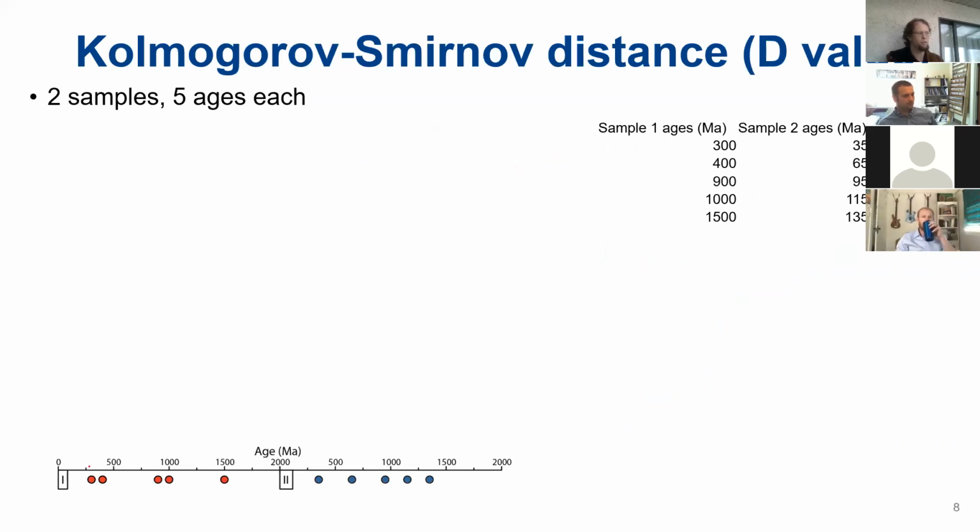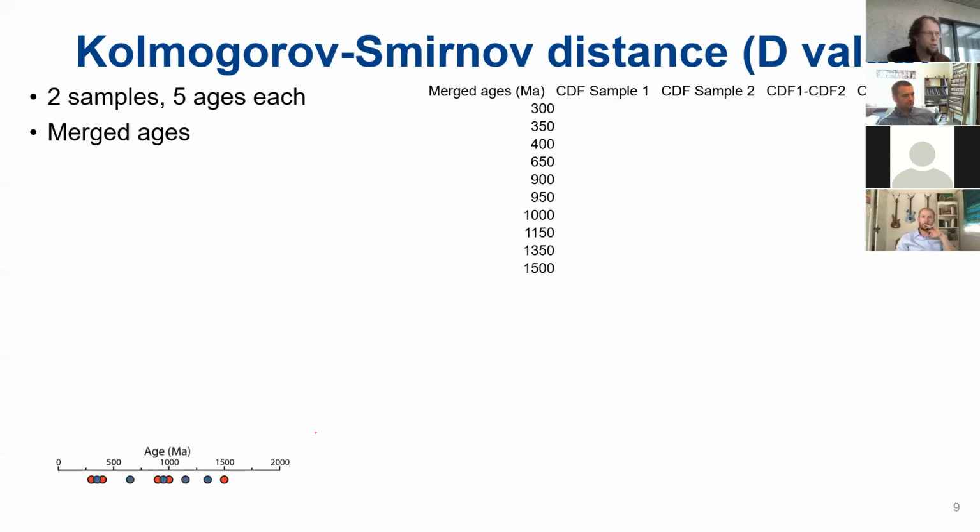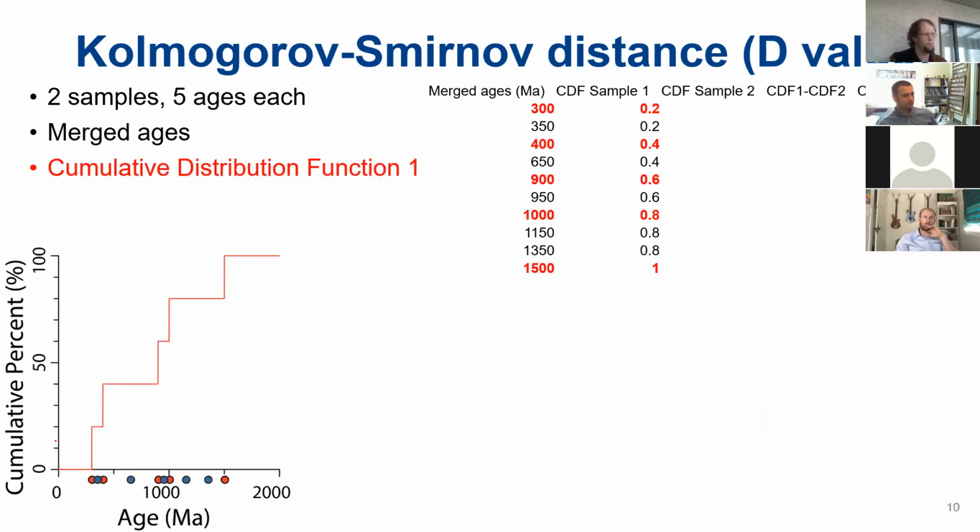So if we've got two samples down here, sample 1 and sample 2, each with 5 ages, and you can see those ages here. If we merge those two ages, we're just going to make some cumulative distribution functions for them. So sample 1 is this red cumulative distribution function.